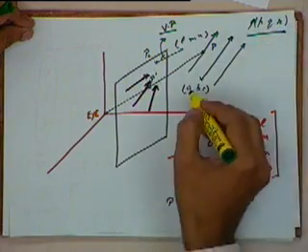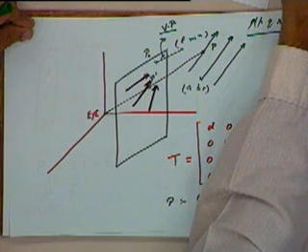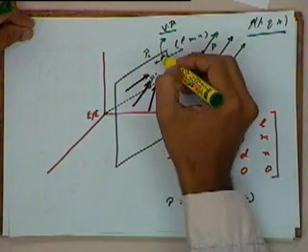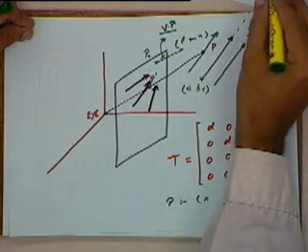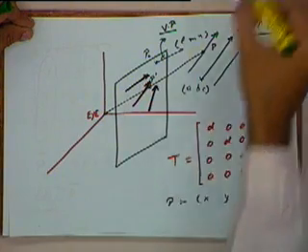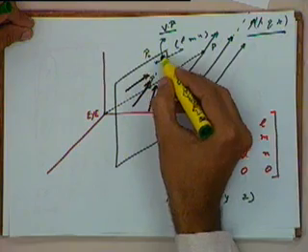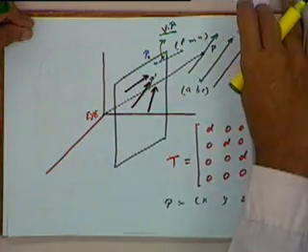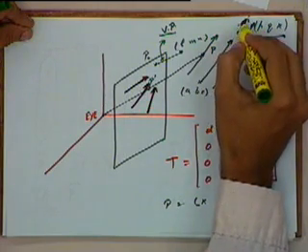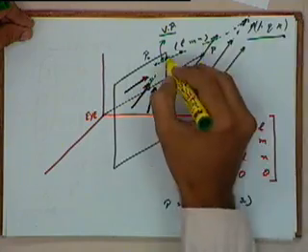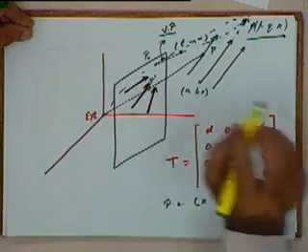Okay. And now if I take the limit as t tends to infinity, the projection of that will be my vanishing point. As this point goes towards infinity, the point at infinity is going to be projected onto this point. A point at infinity in this direction will be mapped onto this vanishing point like this.